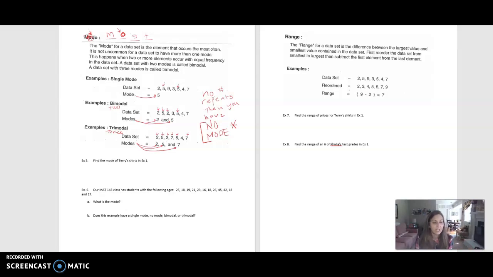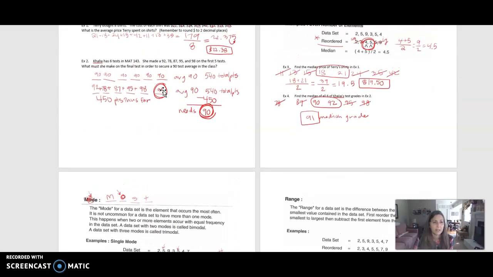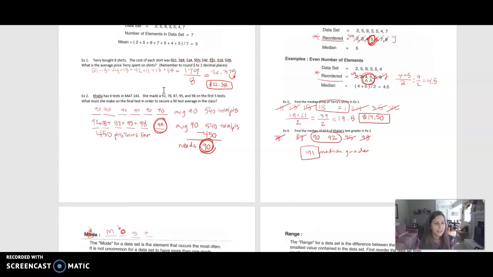Okay, let's look at the Terry shirts in example 1. Now, I've kind of scratched them out. So let me see if I can go back here and see Terry shirts. Okay, let's look right here. What number was most repeated? We've got a 21, that's not repeated. We have an 18, it's not repeated. 24, not repeated. 15, 42, 11, 13, and 35.